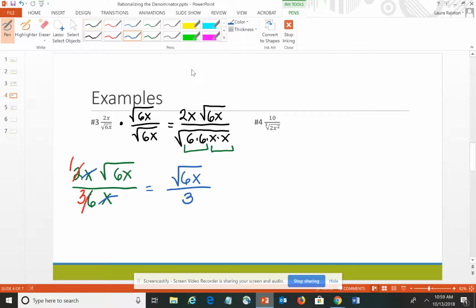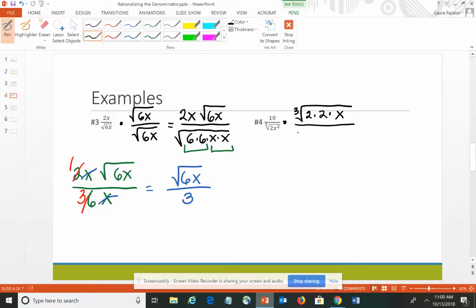All right, number 4. We have 10 divided by the cube root of 2x squared. Again, I'm trying to force 2x squared to be a perfect cube this time. So I have one 2, and I need a set of 3, so that means I need two more 2s. I have x squared, so I have 2 xs, and to make it a cube, I need 1 more.